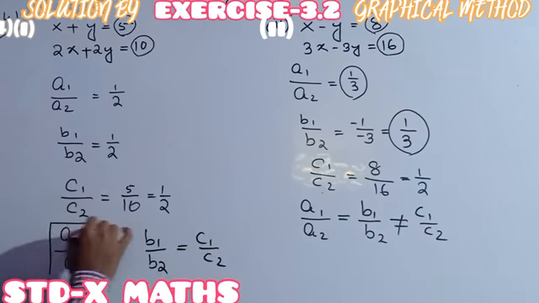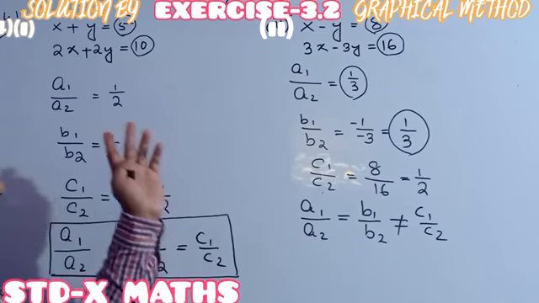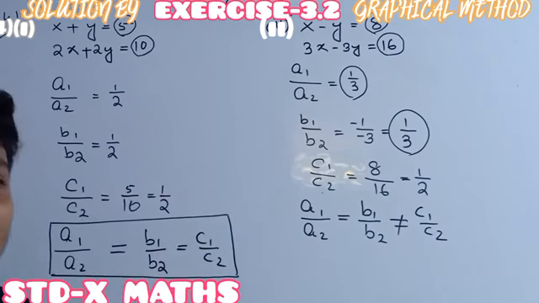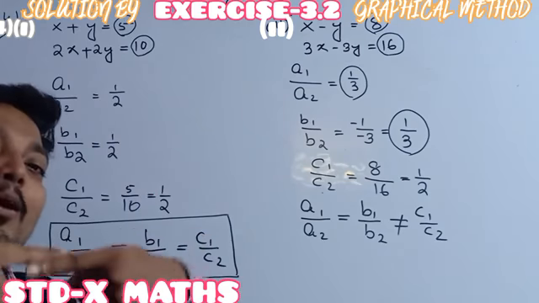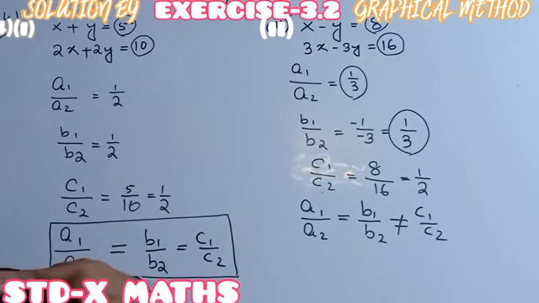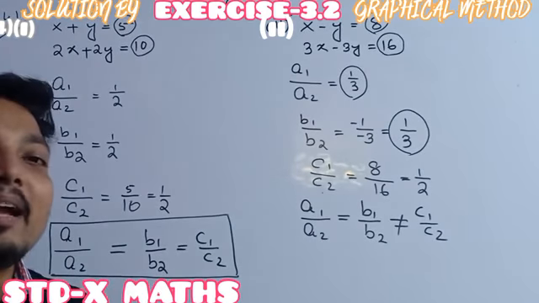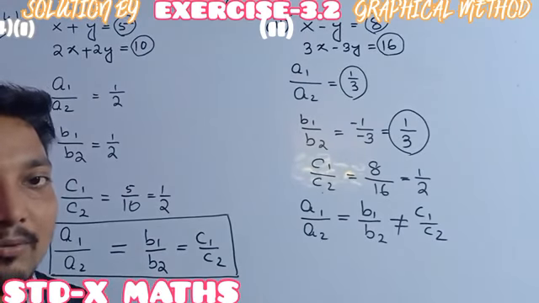Whenever you get a1 by a2 equal to b1 by b2 equal to c1 by c2, it means the graphical representation of the linear equations will be coincident. Coincidence means both lines overlap one another. So it means we get infinitely many common points of intersection.